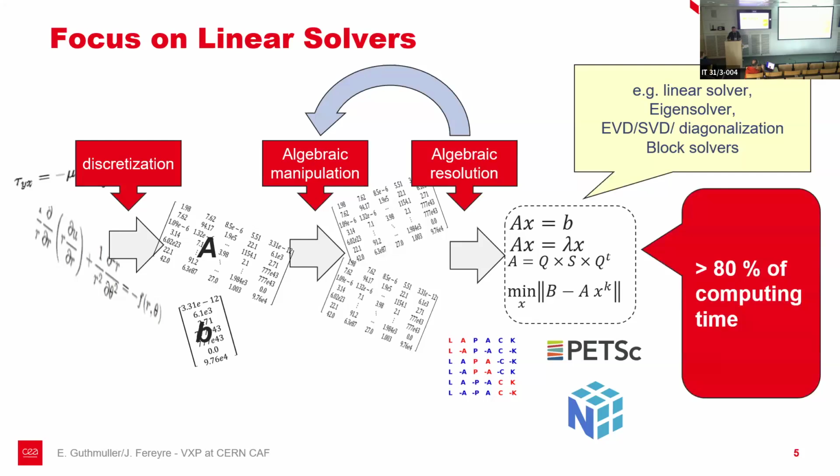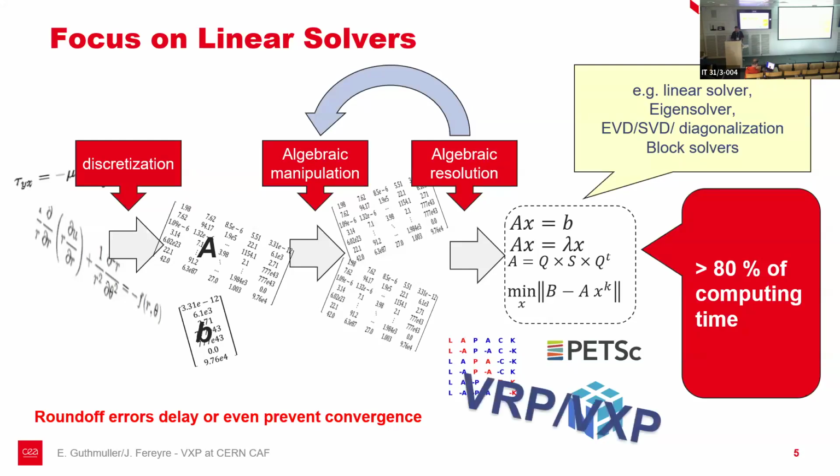Generally, you spend most of the time in your solver, so that's what we are targeting. It's interesting that, in particular for iterative solvers, round-off errors may prevent or delay convergence, and we are working to try to improve this convergence.